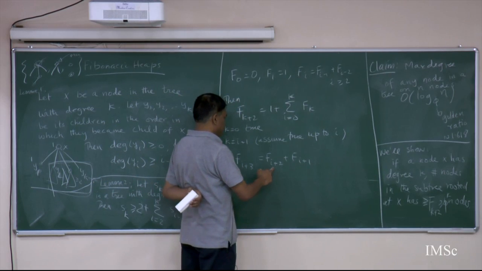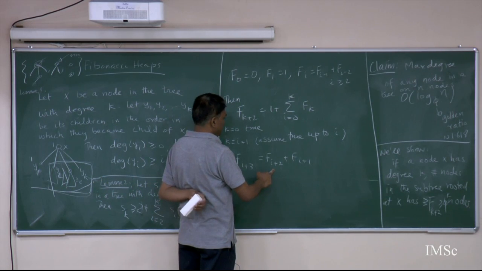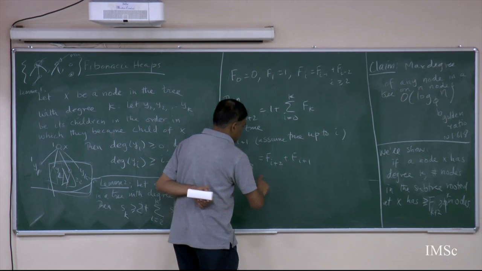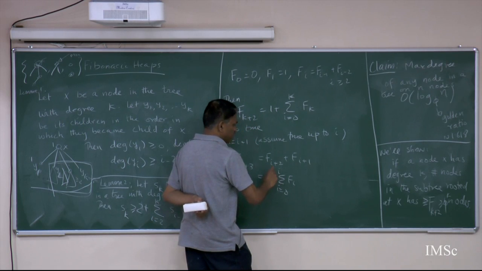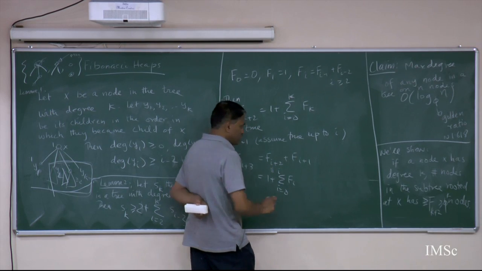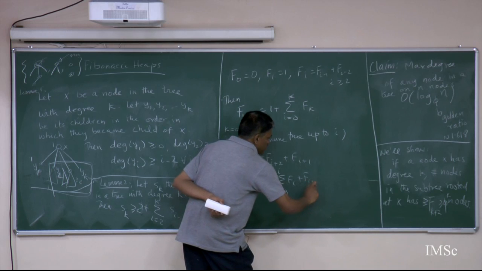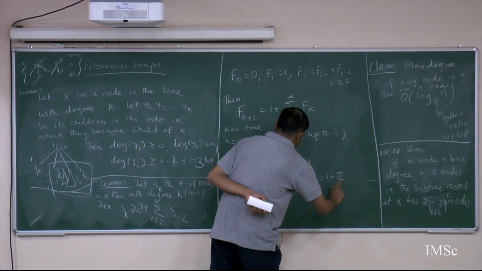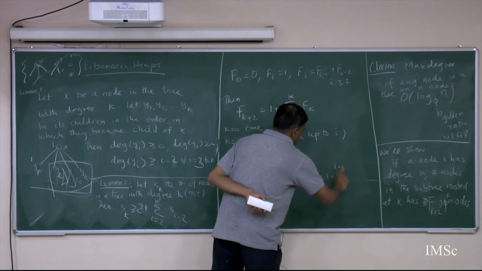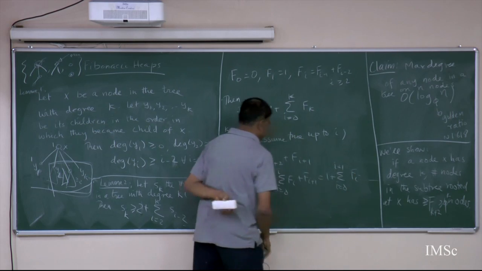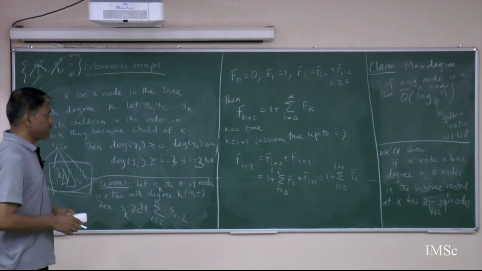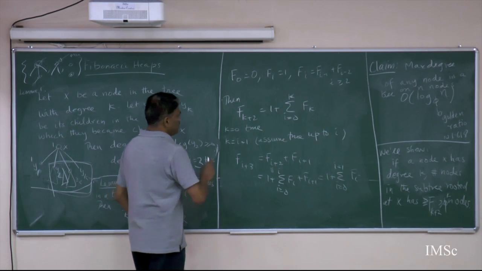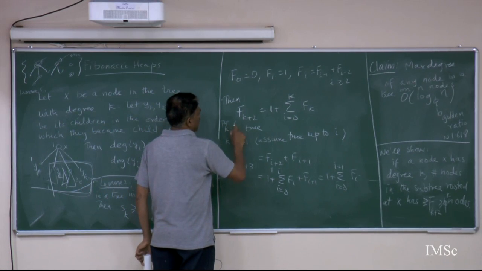Okay, so by induction hypothesis, when I put k equal to i, this is equal to 1 plus the summation 0 to i of F(i). This whole thing. And then you add F(i plus 1). So this is 1 plus the summation 0 to i plus 1 of F(i). That's what we wanted to prove. Okay, so proof by induction.